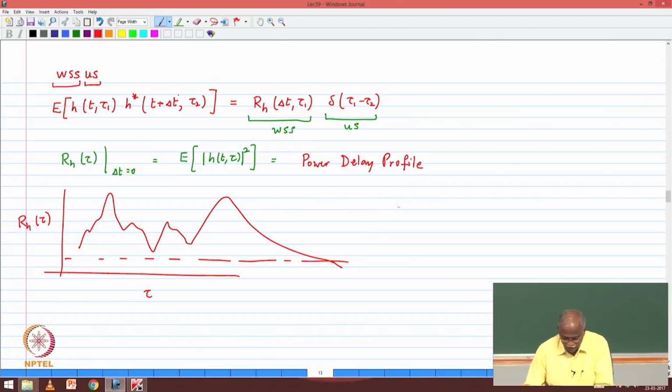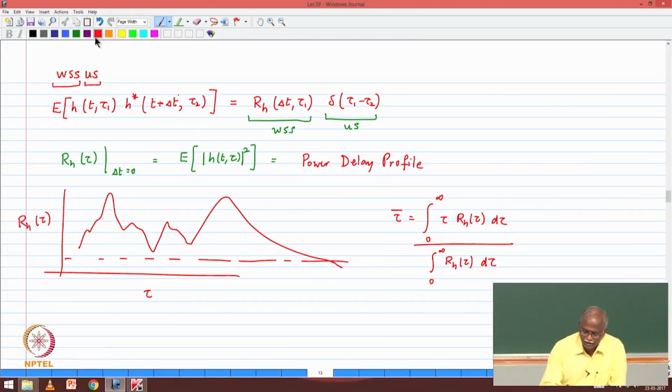Now, the characterization of this in terms of the average delay for a continuous power delay profile would be the integral from 0 to infinity of tau times R_H of tau d tau, normalized by the total power, the area under the power delay profile graph, the integral of R_H of tau d tau.